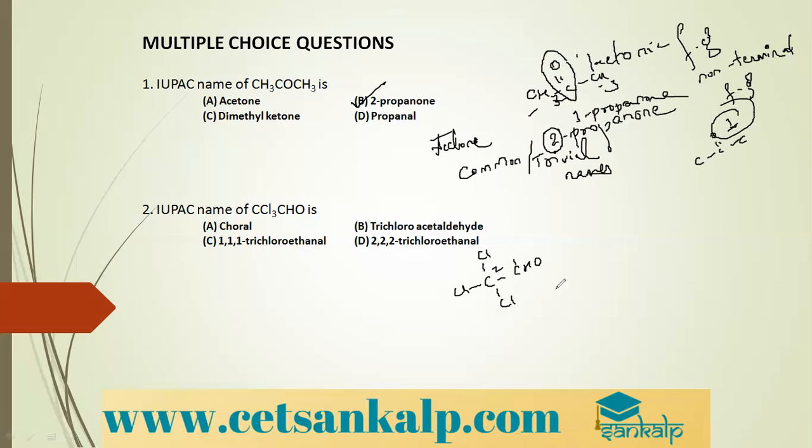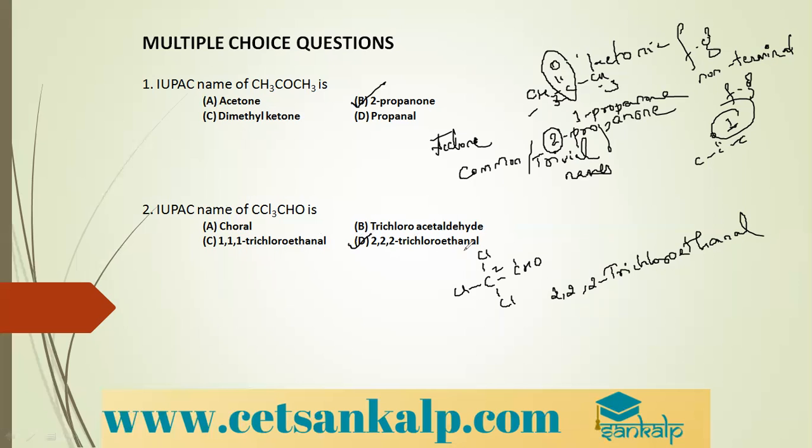So it is 2 carbon atoms, and these are the substituents. So let me write it: 2, 2, 2-trichloroethanal. So this is the correct answer.